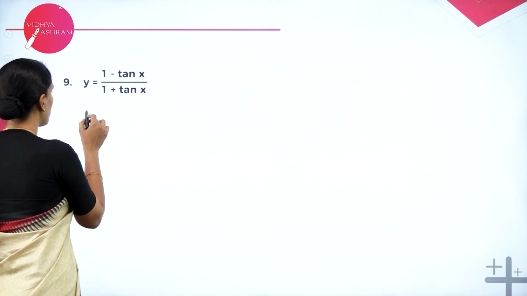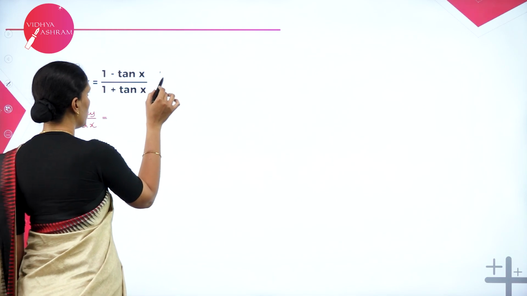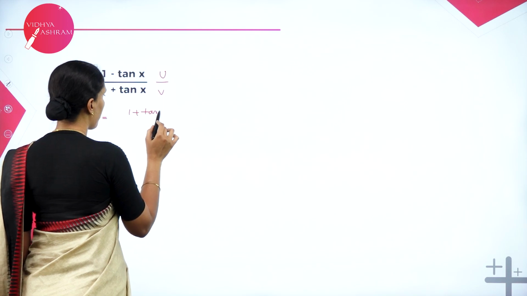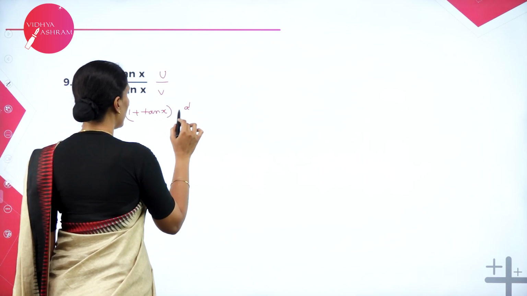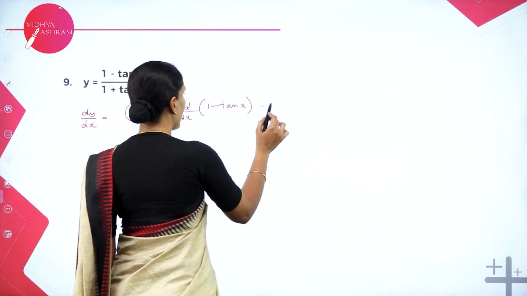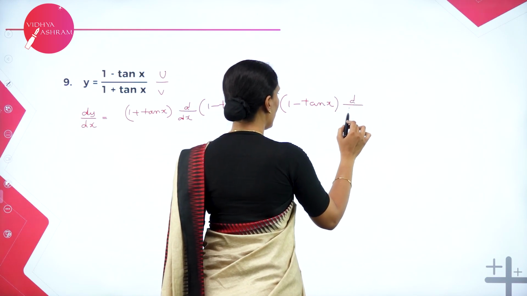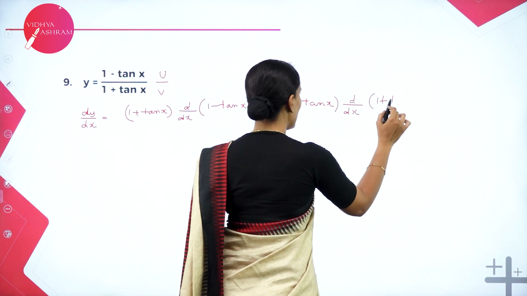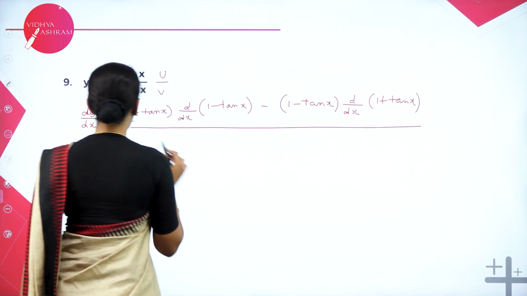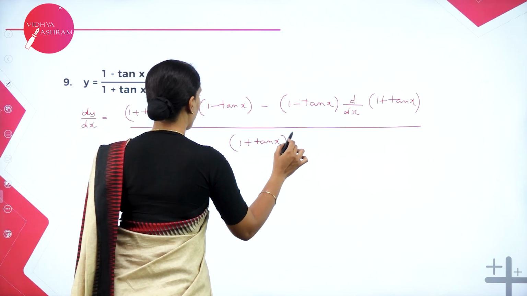So apply the quotient rule. dy by dx is equal to, this is u, this is v. So v u dash: 1 plus tan x into the derivative of 1 minus tan x, minus 1 minus tan x into the derivative of 1 plus tan x, whole divided by v square, which means 1 plus tan x whole square.